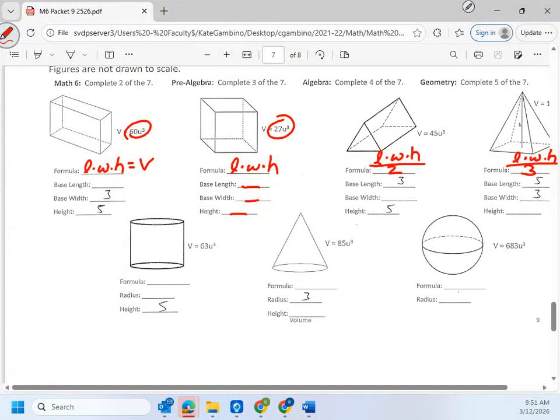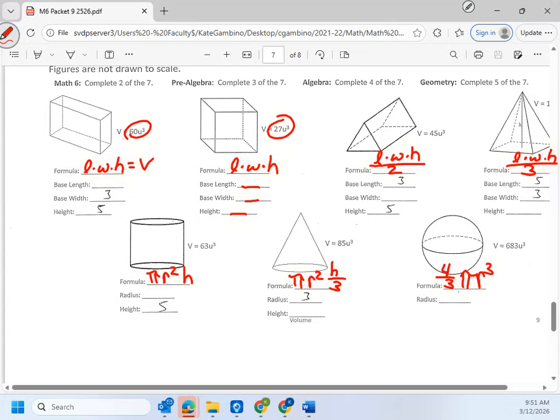For a cylinder, it is pi times r squared times the height. A cone is pi times r squared, and our height is divided by 3. And for our sphere, it is 4/3 pi times r cubed.